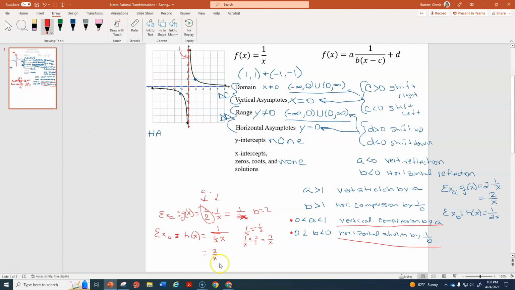Doesn't that now look just like this example that we did over here? Yes, it does. And that's because when my b is a fraction, you get a horizontal stretch that matches my vertical stretch. So when b is a fraction, it's the same thing as having an a that's greater than 1.